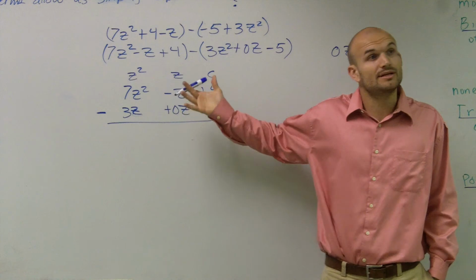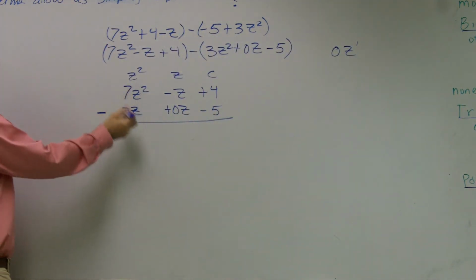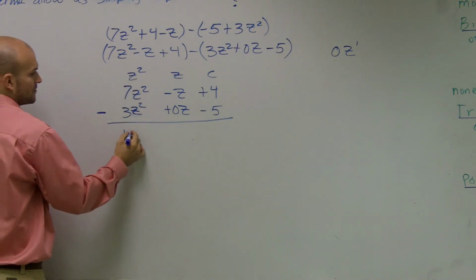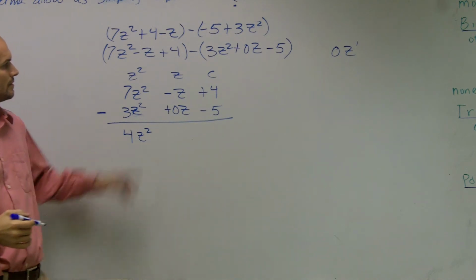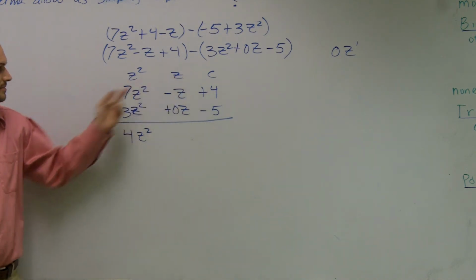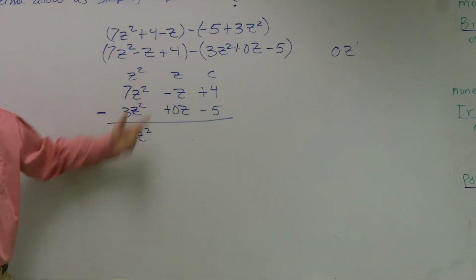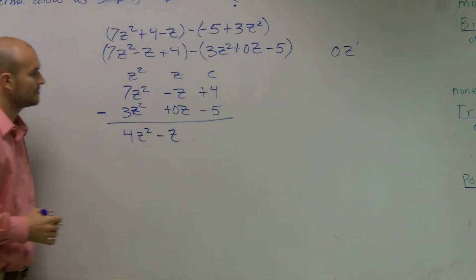So now, simply what you do is just subtract. 7z squared minus 3z squared is 4z squared. Negative z minus 0z, there's pretty much 0 of it, is just going to be minus z.